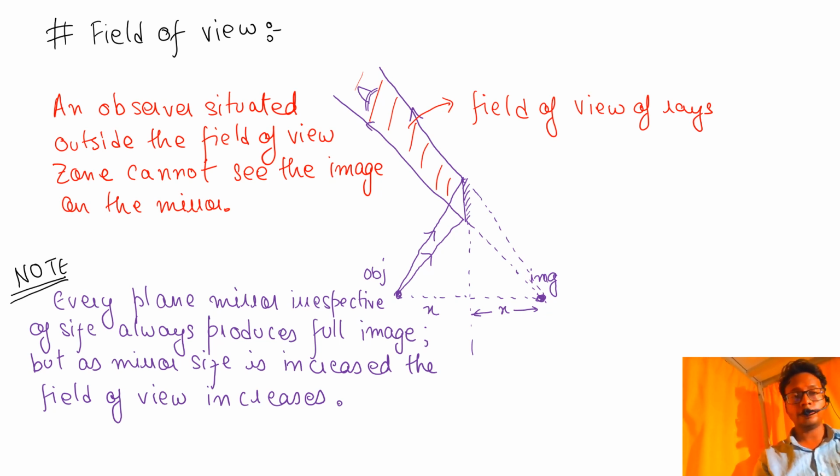What do I mean by this? See, the simple meaning of this is, suppose there is one object, or suppose this is an entire room. I'm drawing an entire room.